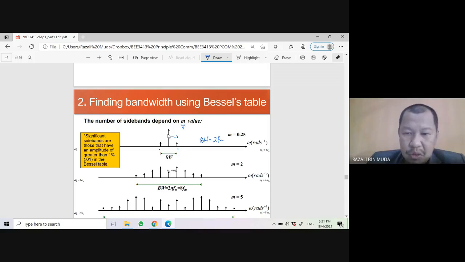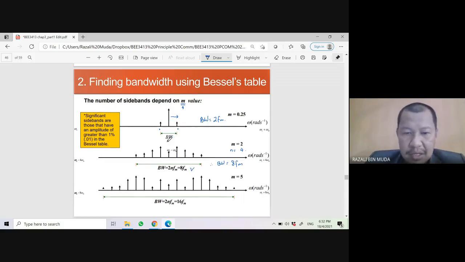For m equal to 2, from the Bessel table we get n, the significant sidebands, equal to 4, right? 1, 2, 3, 4. So n equal to 4. Therefore, bandwidth equal to 2n Fm.